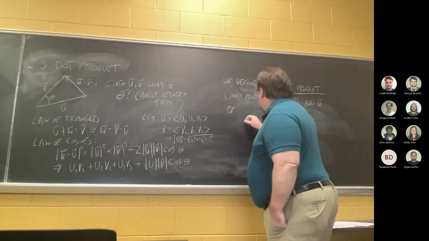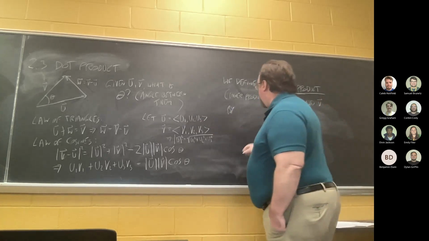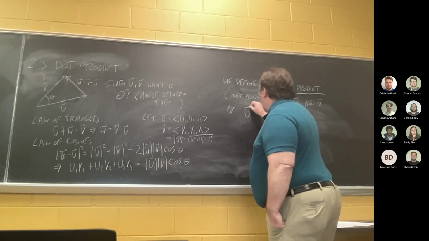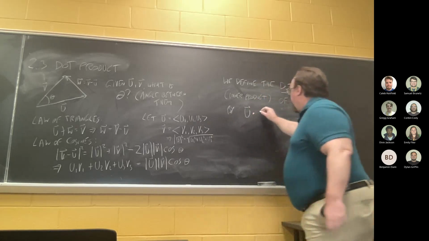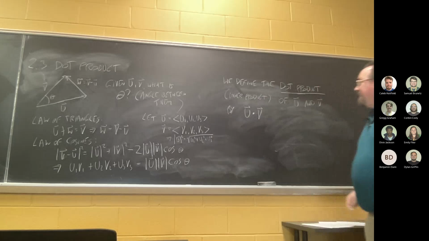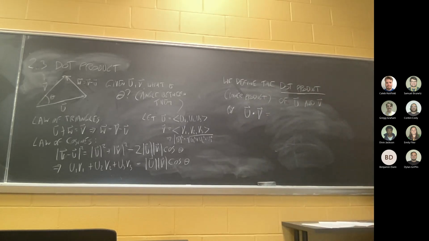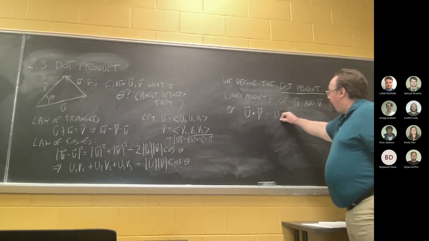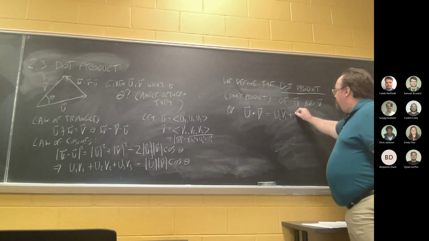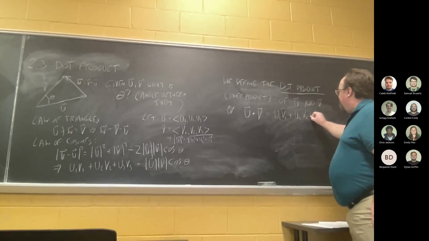Assuming u and v have these components, the way to write a dot product is u, a big old dot, v. And for what I've just done, we have two formulas for it. The most straightforward one is where you multiply corresponding components and add them up.